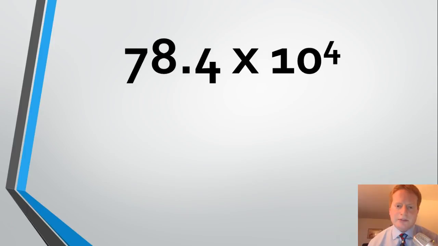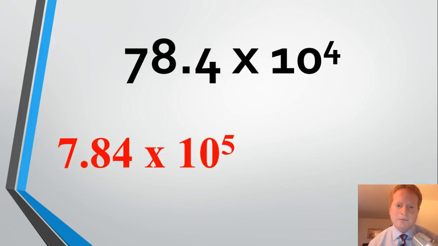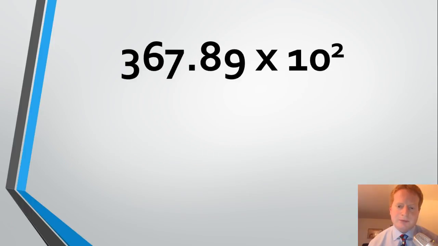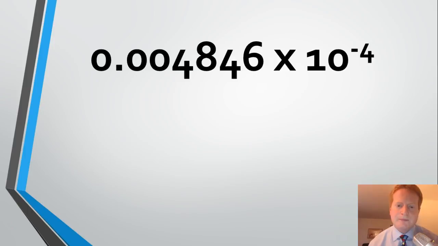Okay, so what do you think of this number? What would you do? Well, in this case, we moved 1 space, and our coefficient went down by 1, so our exponent went up by 1. In this case, we are going to move to make our coefficient smaller by 2 spaces, so our exponent gets larger by 2 spaces.